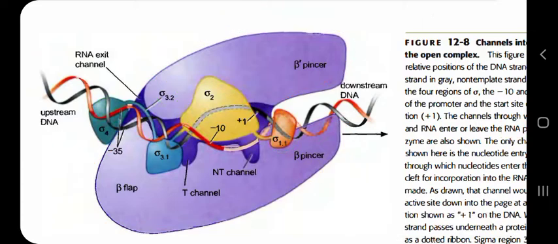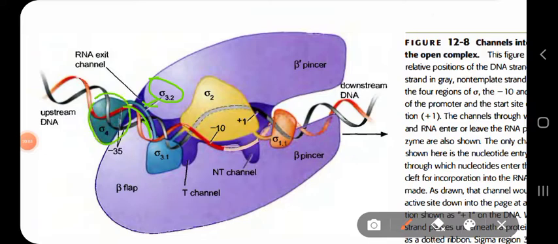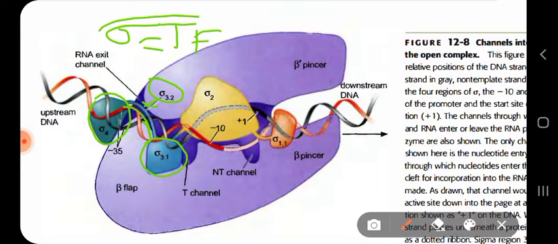Again, I'm showing sigma 3.2 is that linker region which links the sigma 4 with sigma 3.1. So the sigma factor is acting here as a transcription factor, and we have so many different types of transcription factors.